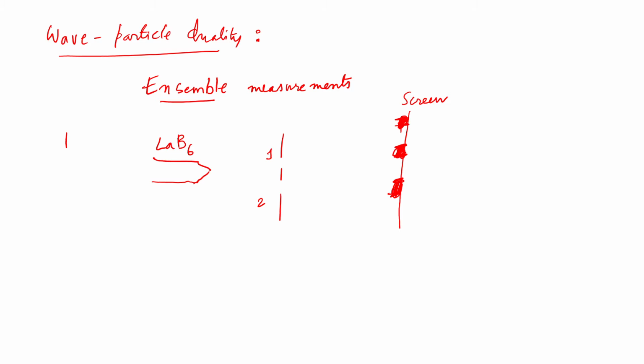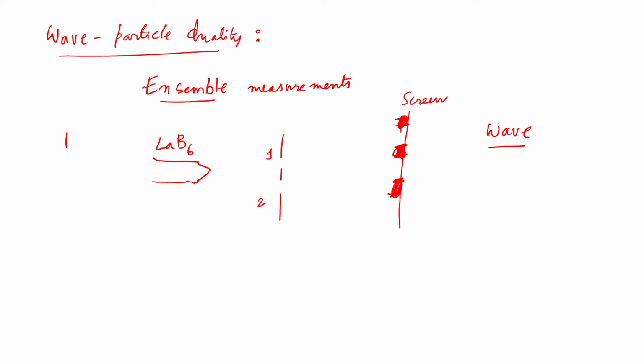Here, the wave nature comes from an ensemble measurement. It's not a single measurement on a single electron. When you observe a million electrons go through the slits, they somehow form this pattern, and that's what you are expressing as a wave, right?